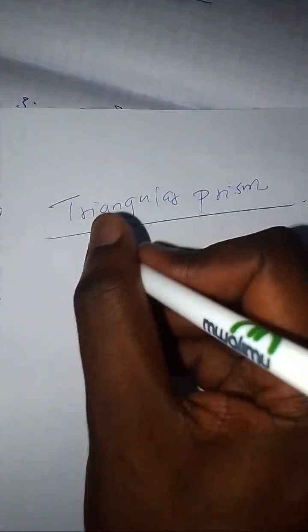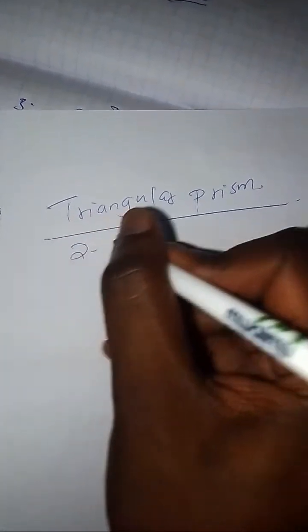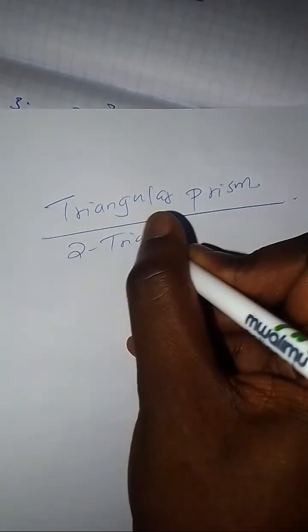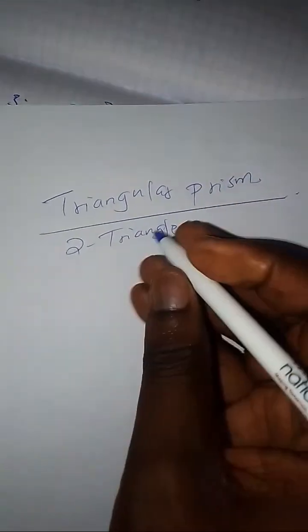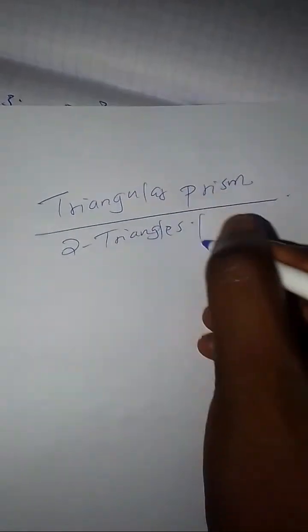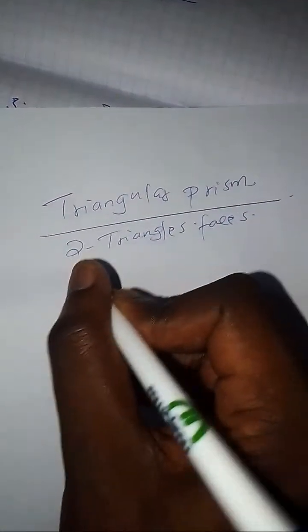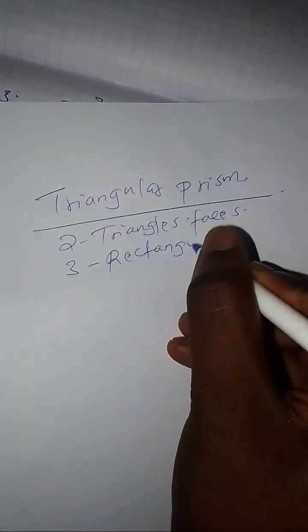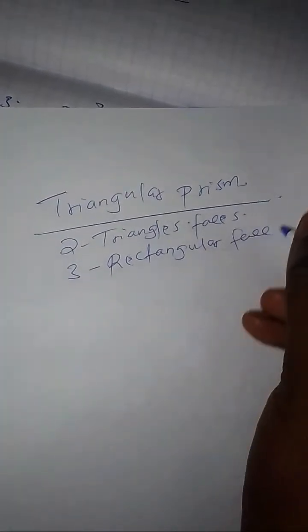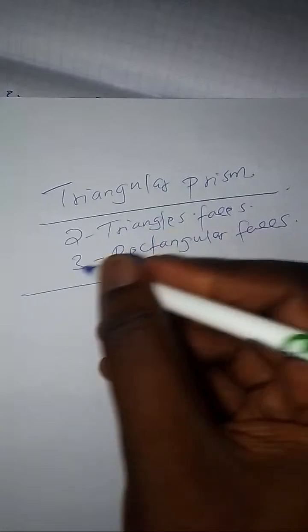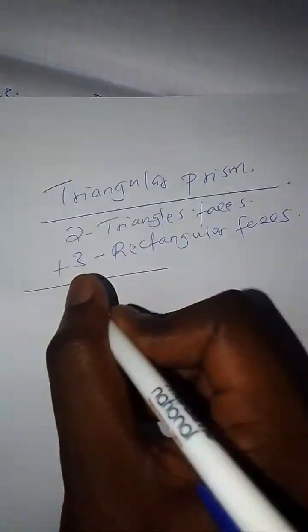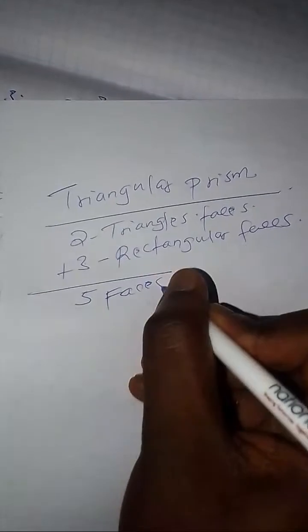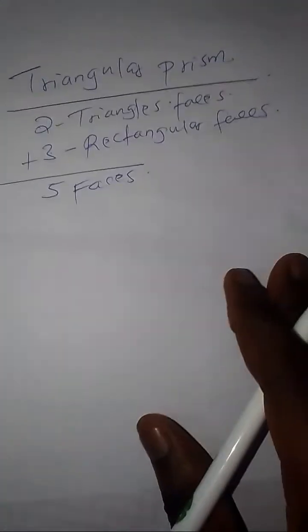A triangular prism has two triangles, two triangular faces, and it has also got three rectangular faces. So a total of how many faces? 3 plus 2 is 5. A triangular prism has 5 faces.